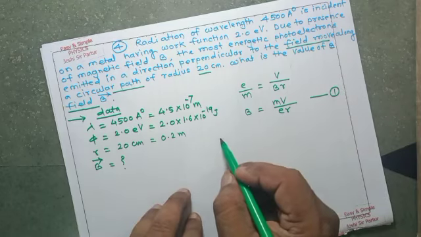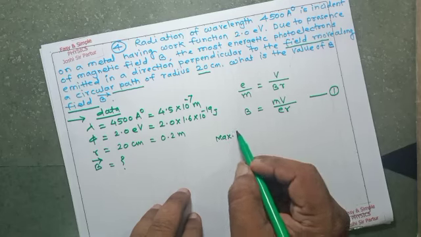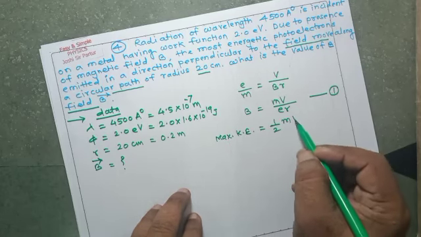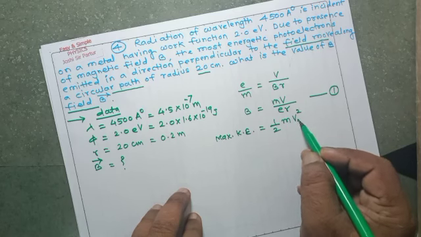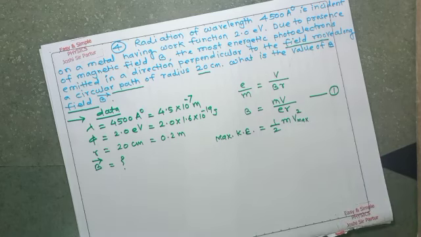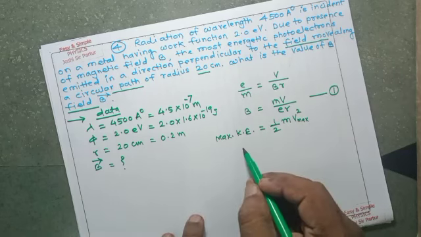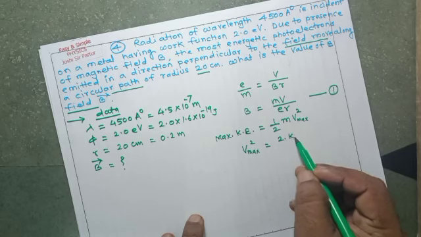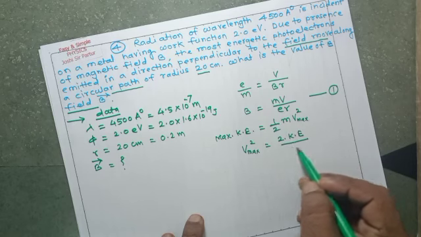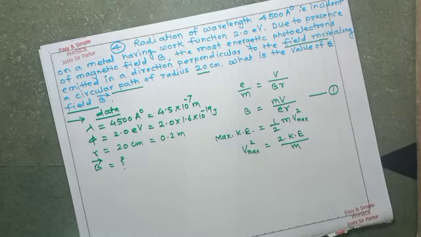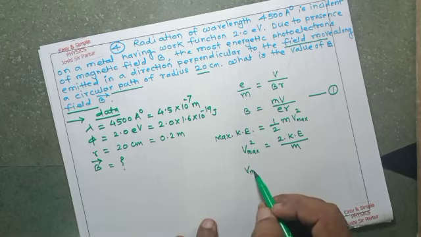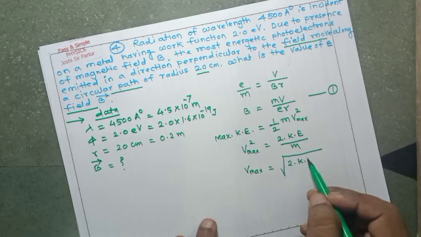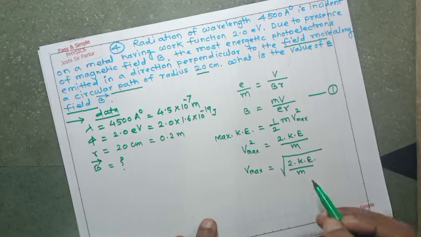We know that maximum kinetic energy is equal to half m v maximum square. So V maximum square is equal to 2 into kinetic energy upon small m, means V maximum is equal to square root of 2 times kinetic energy divided by small m.